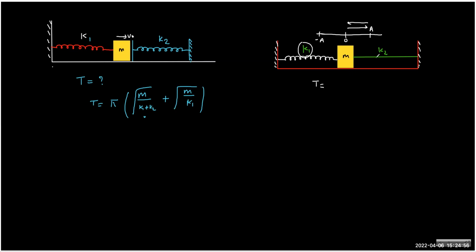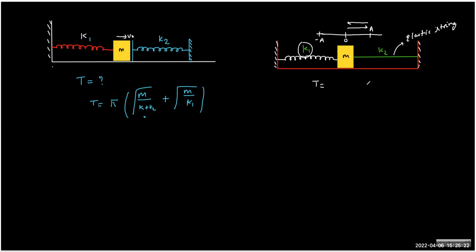Why? Because K2 will become loose, it is a rubber band. If you go towards the right, you cannot compress the rubber band. It can only elongate. It will just become slack.